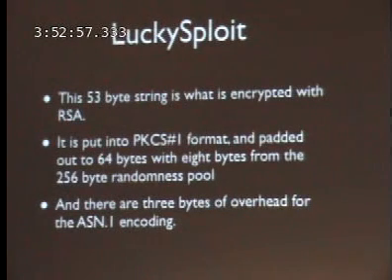So the 53-byte value is stuffed into a PKCS formatted blob, with 8 bytes of randomness from the randomness pool, encrypted and sent back to the server. There's a public key in the JavaScript that is used for doing the encryption.